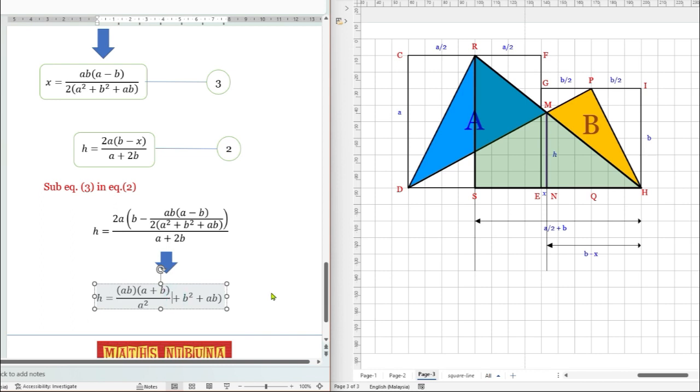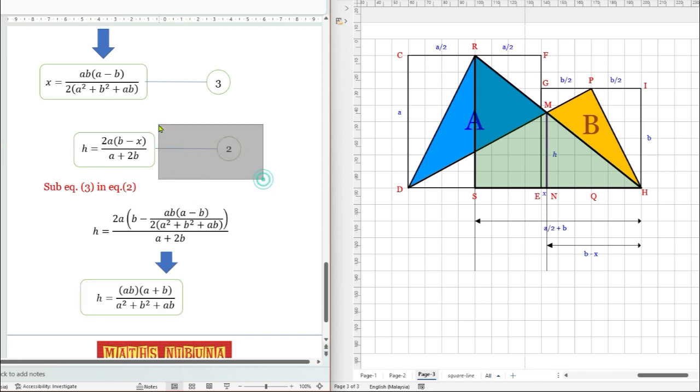Wait, it's here. Plus b square plus ab, not here. Sorry. Okay, you'll get this finally, the final answer for your h, h in terms of a and b. Let's say I name it as equation number 4.